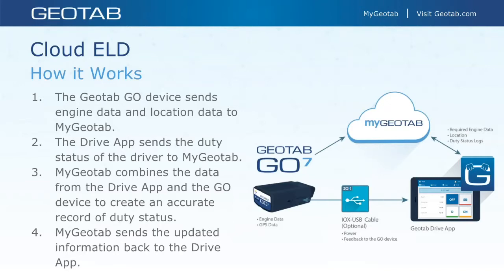Previously, the tablet and the Go device had a cable connecting them, but in spite of that, they weren't really talking to each other. That's changed now, where there is more of a collaboration between the Go device and the Geotab Drive app that is running on the tablet.